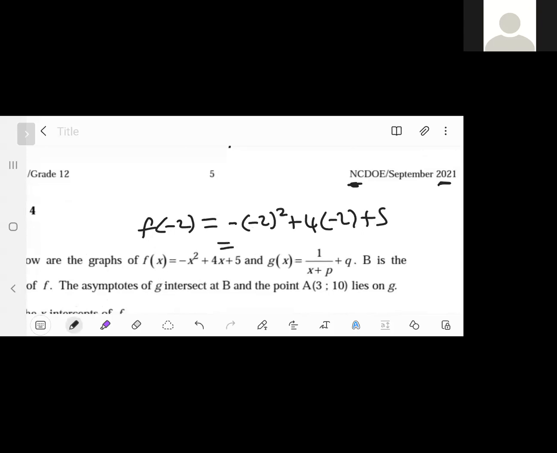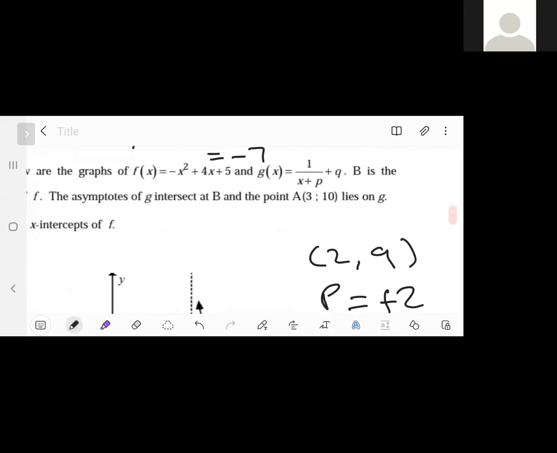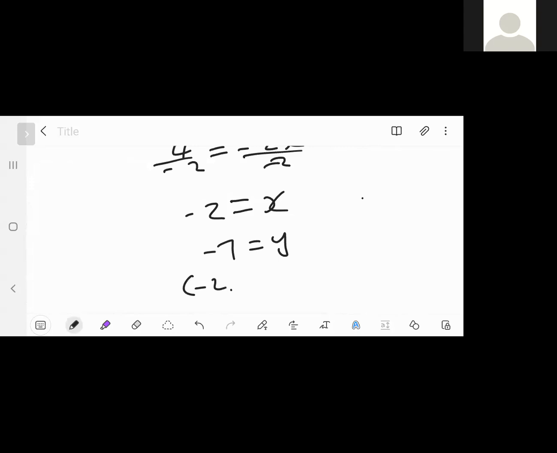Can somebody give us an answer? -7. Yes, that means that our y equals -7. So it's -2 and -7. Those are the coordinates of P. If our algebra is correct, then those should be the coordinates.